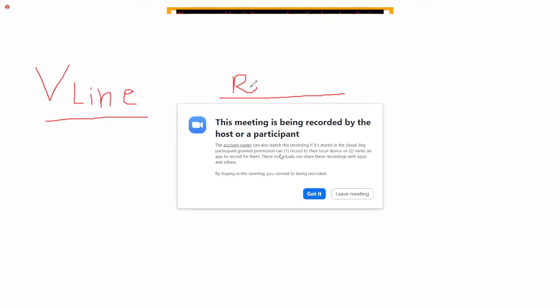Now understood what is a line voltage? Phase and phase. If you put your multimeter at one phase R, and the other end at the Y phase, your meter will read 440 volt.